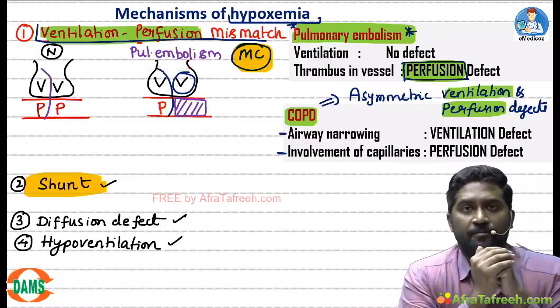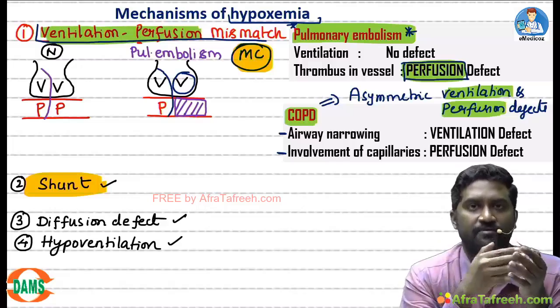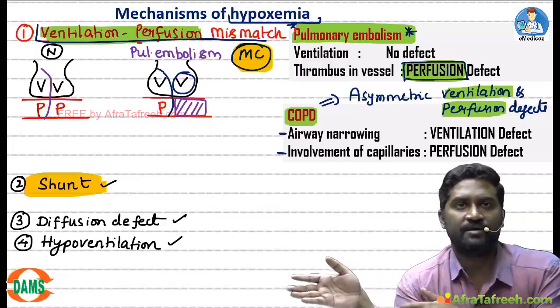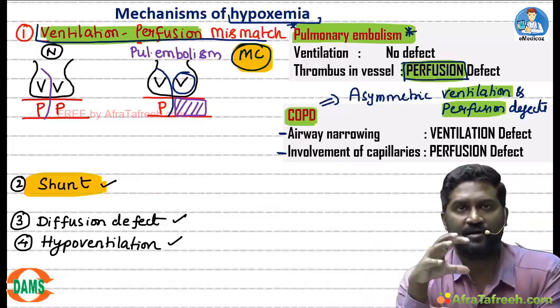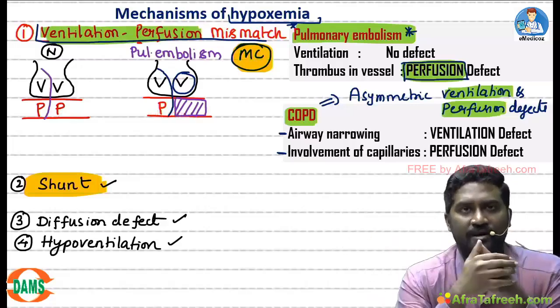If there is portal hypertension, you do a portosystemic shunt. You try to facilitate the movement of blood into the systemic circulation and decrease the pressure. So shunt anywhere means some movement or diversion.